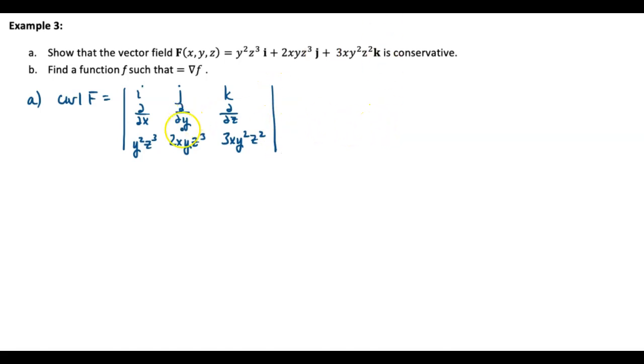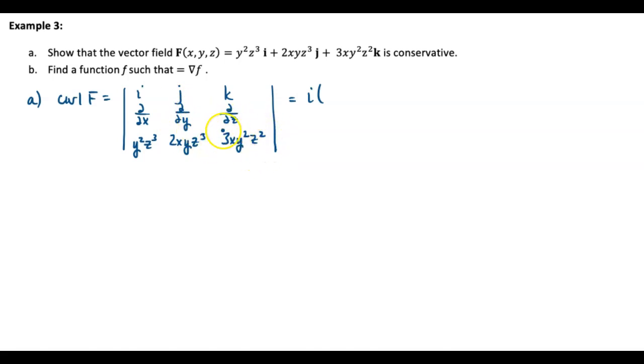All right, now I'm going to kind of skip a step here, because I know my i component is just going to be the partial with respect to y of 3xy squared z squared. So I'm just going to take the partial derivative with respect to y of this expression.